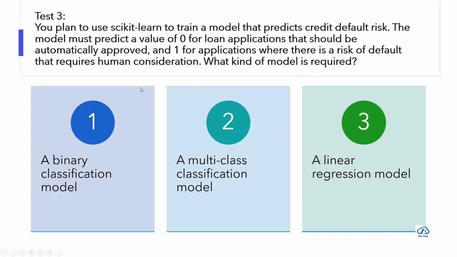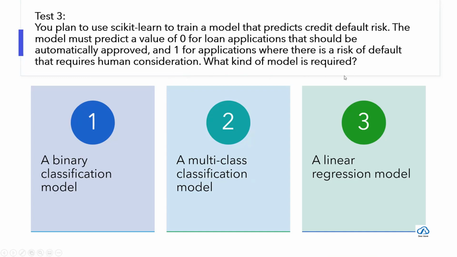So, third question, I hope you will be able to answer it as I have covered this topic during my last conversation. You plan to use scikit-learn to train a model that predicts credit card fraud. The model must predict a value of 0 for loan applicants that should be automatically approved and 1 for applicants where there is a risk of default that requires human consideration.